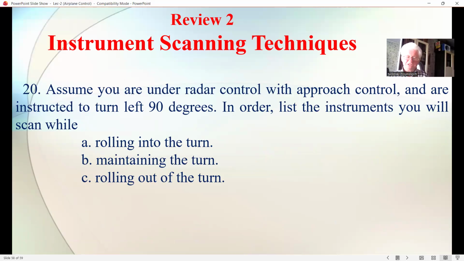Assume you are under radar control with approach control and are instructed to turn left 90 degrees. In order, list the instruments you will scan while A, rolling into the turn, B, maintaining the turn, and C, rolling out of the turn.